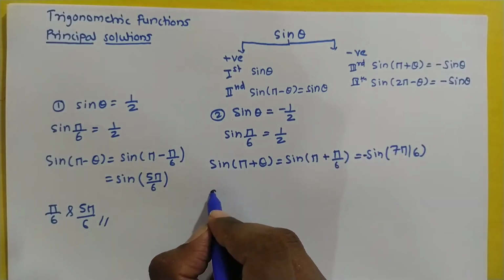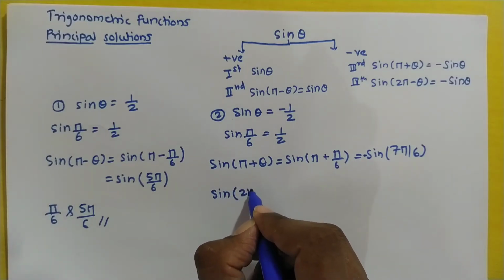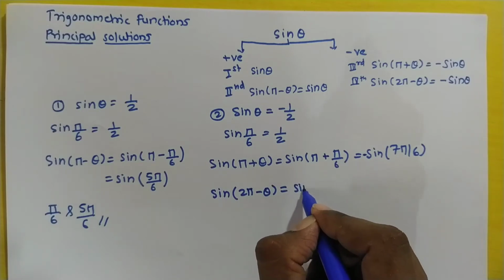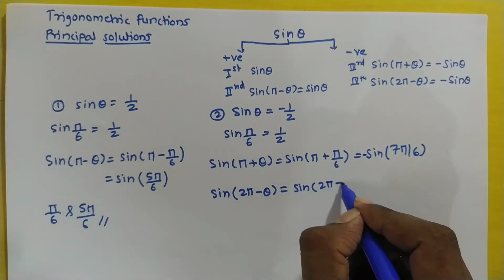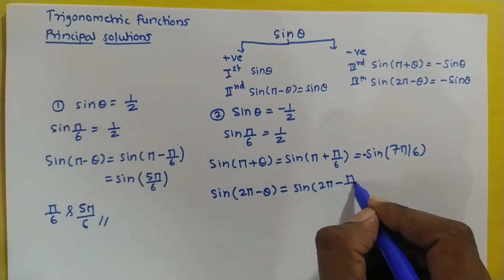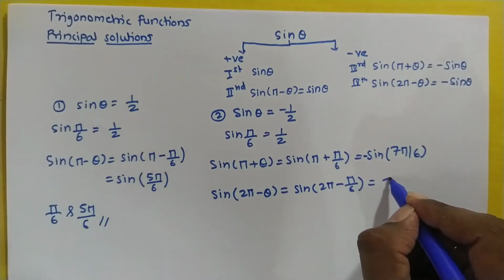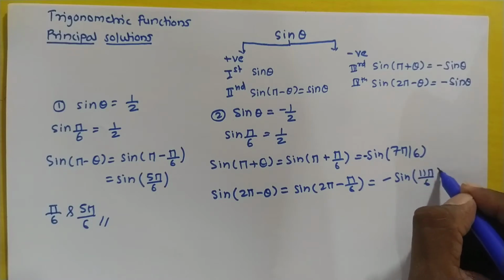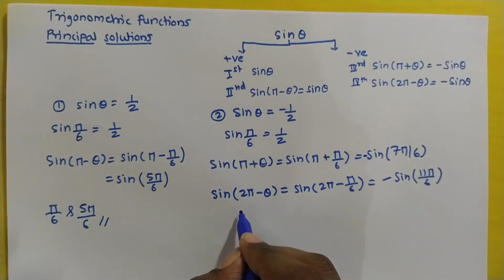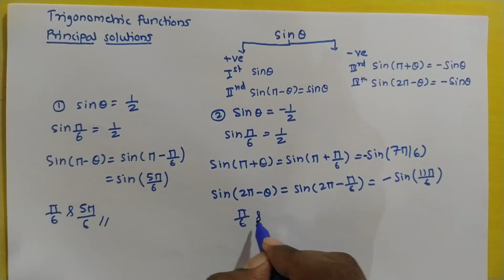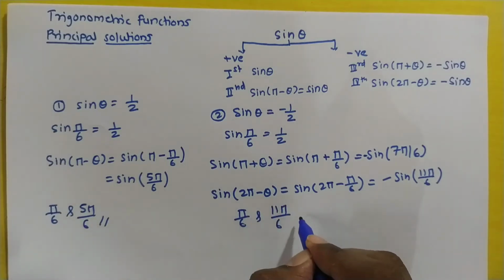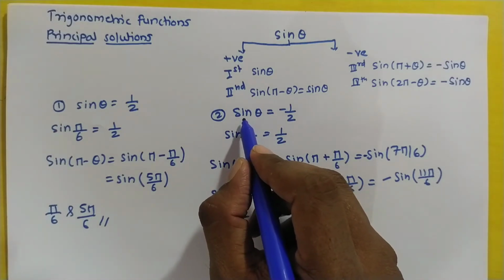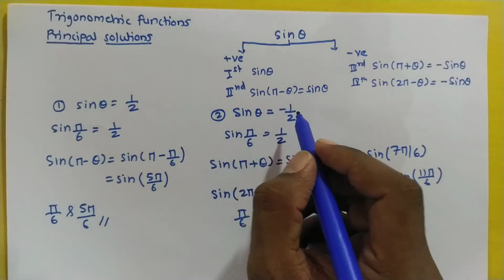Then for the fourth quadrant sine of 2 pi minus theta is equal to sine of 2 pi minus, take the value of theta is pi by 6, therefore we get minus sine of 11 pi by 6. So here 7 pi by 6 and 11 pi by 6 are the principal solution for the given trigonometric equation sin theta equal to minus 1 by 2.